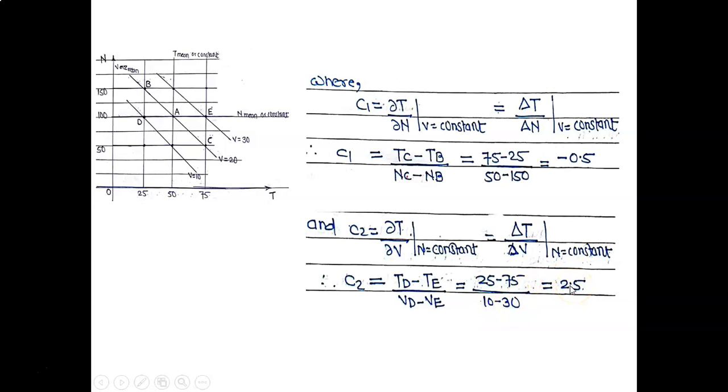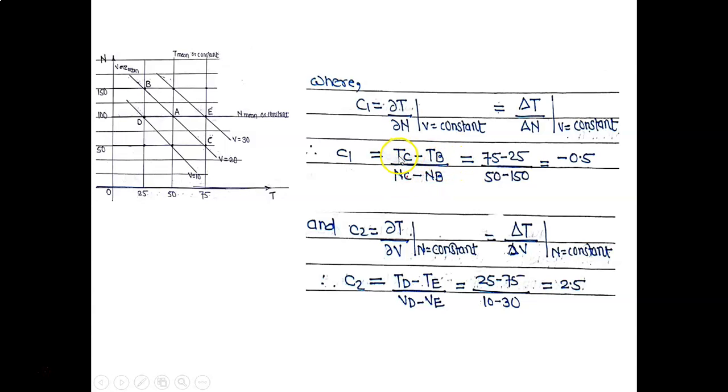Now we will substitute value of C1 and C2 in equation 1. Before substituting, there may be a question why sir has taken only this Tc minus Tb or Nc minus Nb.